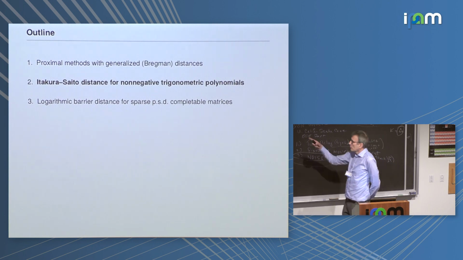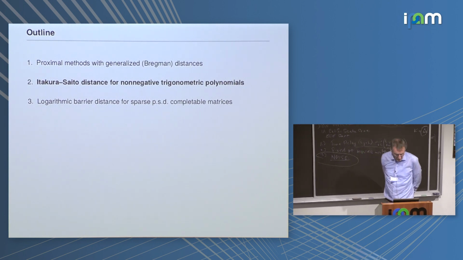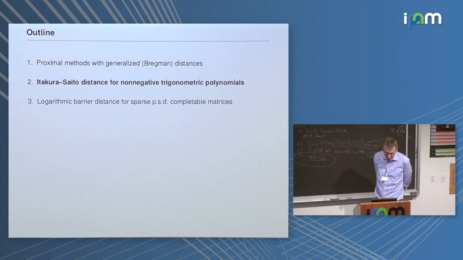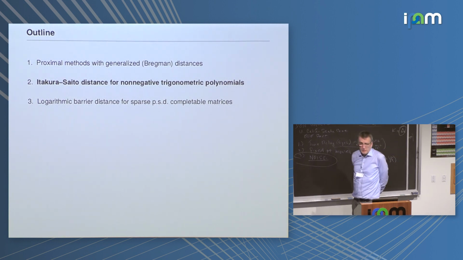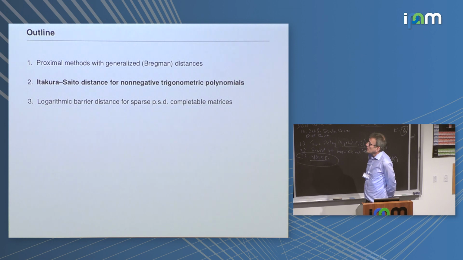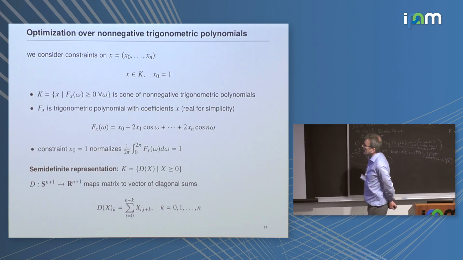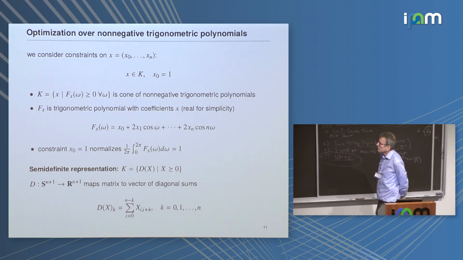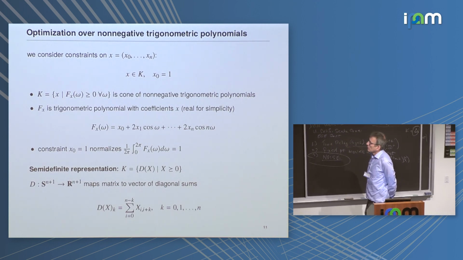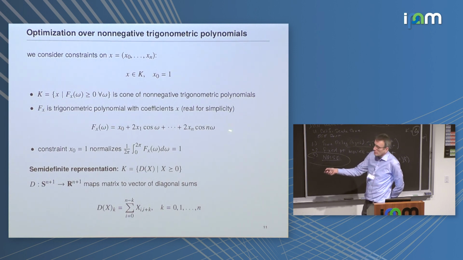So in the next two parts of the talk, we'll apply that to two applications. First, the non-negative trigonometric polynomials, and then sparse SDP. The first constraint that can be represented by semi-definite programming constraints, as I mentioned, is this. We have a cosine polynomial, a trigonometric polynomial.